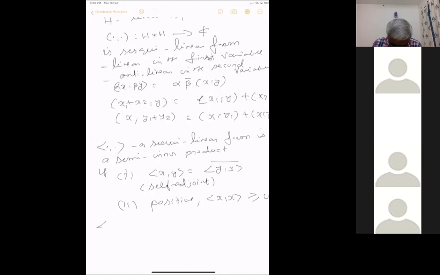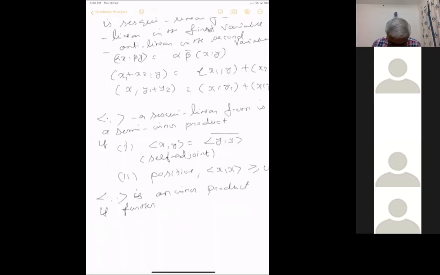This semi-inner product is an inner product if, further, apart from satisfying self-adjointness and the positivity condition, (x, x) equals 0 implies x equals 0.